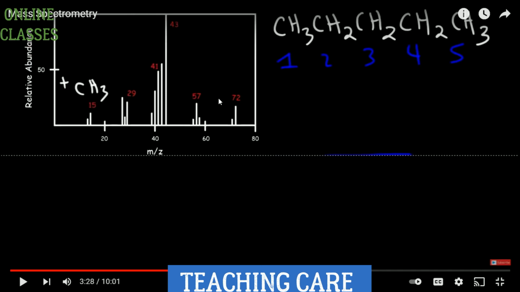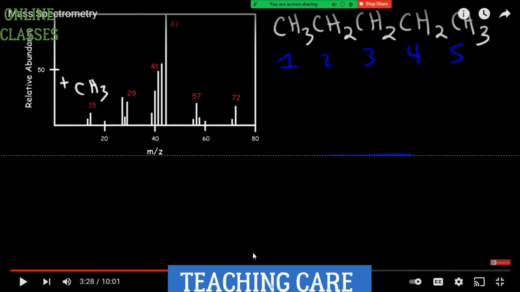Either this CH3 can be made a cation and this the anion, or the other way around. If this is made the cation, then you will get the 15 reading here. If we make this the cation, then you will get the 57, depending on its molecular mass.